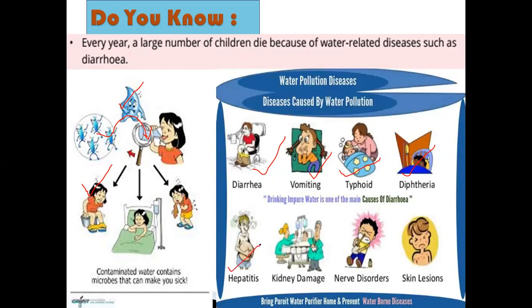We also have the problems of hepatitis and kidney damage due to polluted water, because the kidney is unable to filter all the pollutants in the water. There is nervous disorder, like brain damage, as well as skin lesions, and you can see the skin structure here. These are some problems related to polluted water.